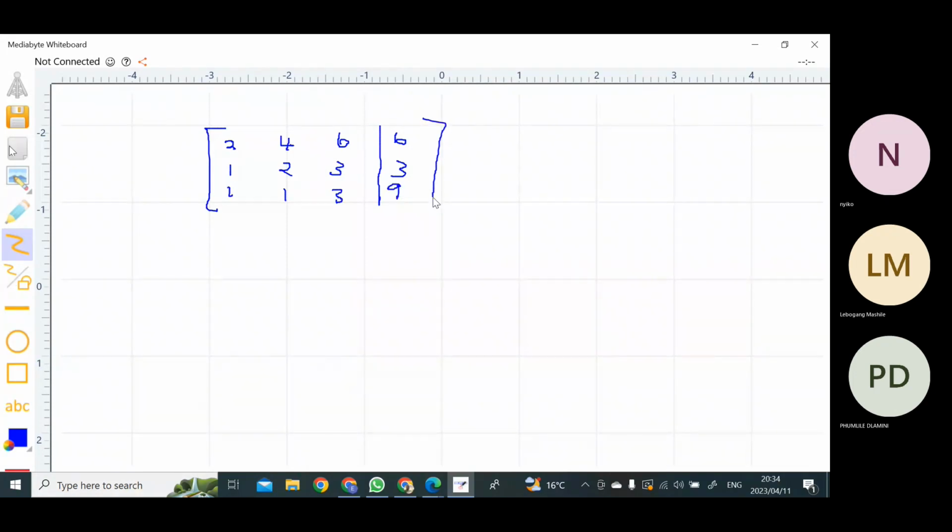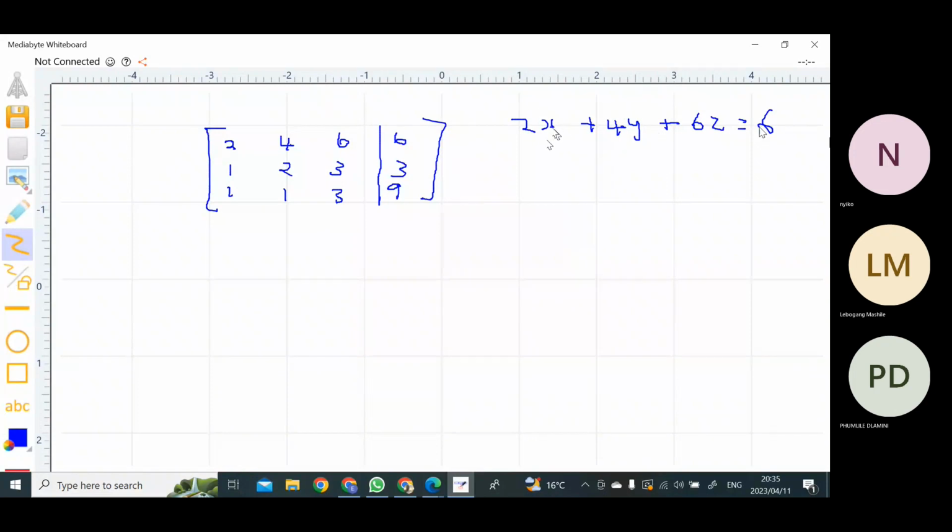So now I'm asked to solve this matrix. When they write it to you, they won't write it in this form. They will write it maybe as 2x. They ask you to solve this linear system. It can be 2x plus 2y plus 6z, which equals 6. Sometimes they might say, for example, x1, x2, and x3.